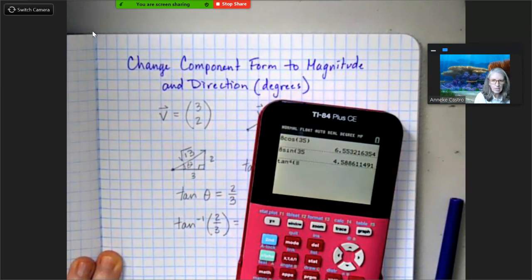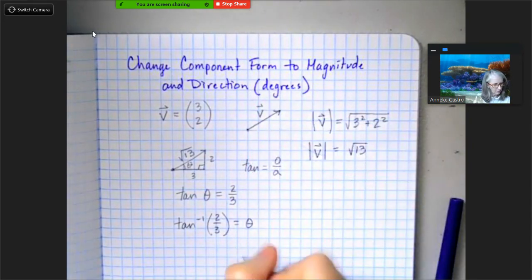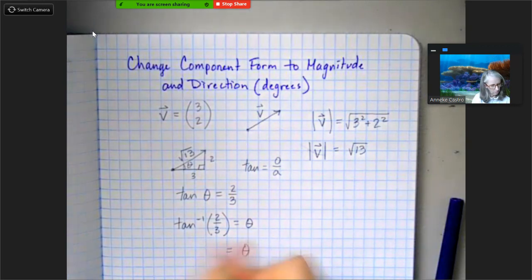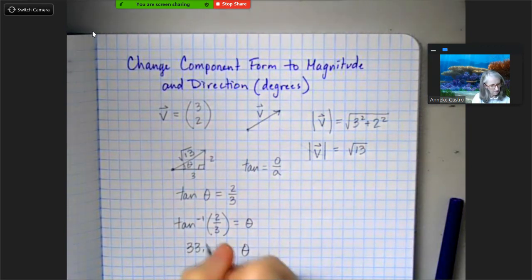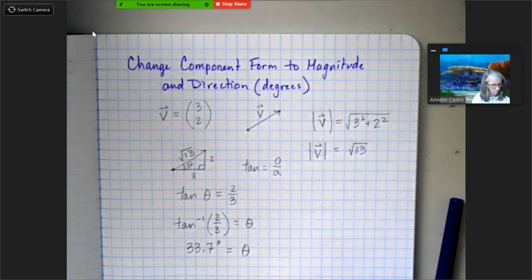That's how we get the inverse tan. Second tan, 2 divided by 3, and we get 33.7. So the angle is equal to 33.7 degrees, using our calculator. I think that is what I wanted to cover in our notes for right now.